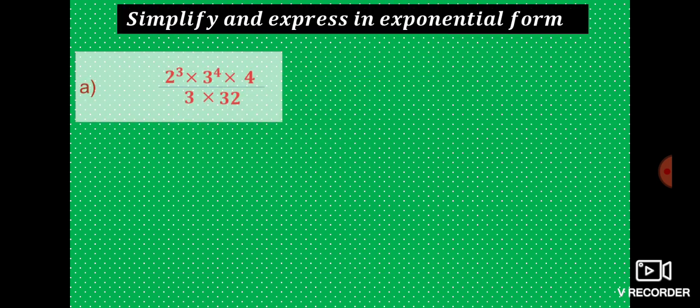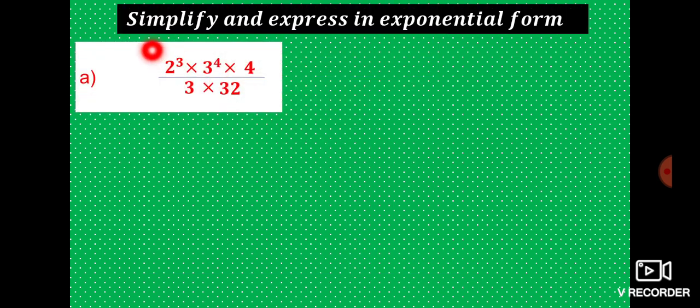Okay. Next, we have some questions. Simplify and express in exponential form. We have to write this in exponential form, but 4 and 32 are not in exponential form. The other two are already in exponential form. 3 we read as 3 raised to 1.